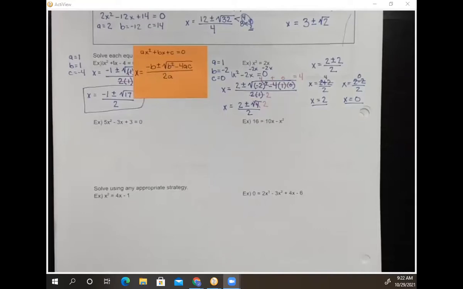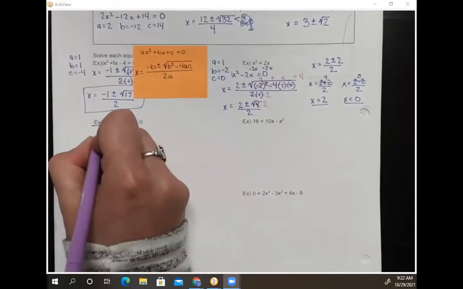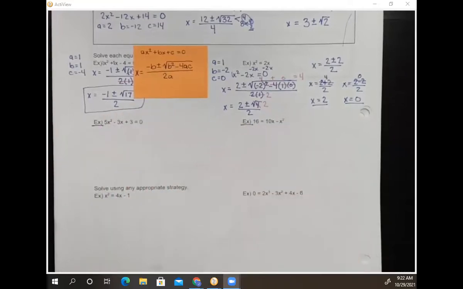I would like you now to try our last two examples. Give those a shot. I want you to use quadratic formula on these. There are some other strategies that you could use successfully, but I want you to practice quadratic formula.